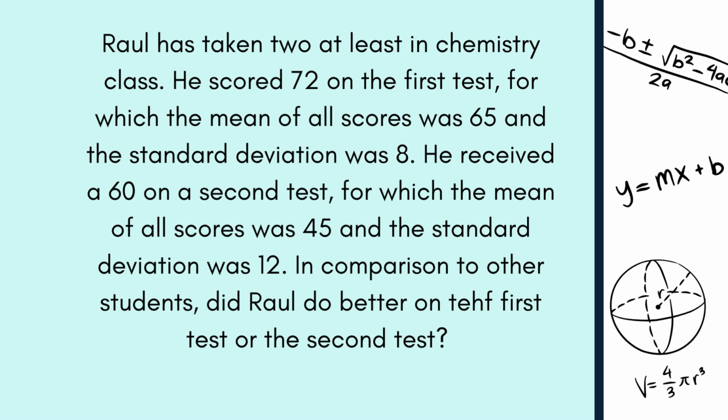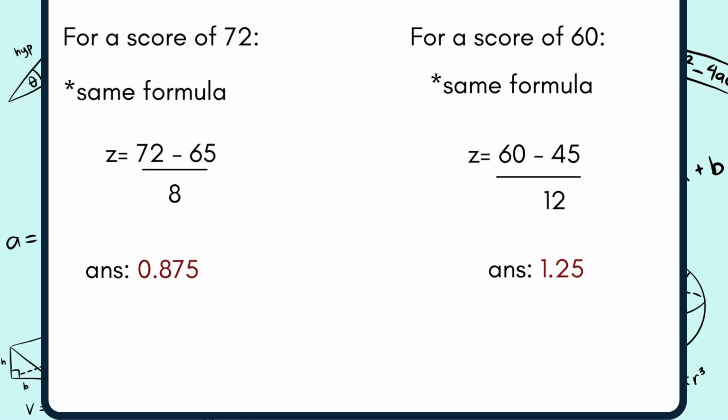For a score of 72, which is his first test, same process. Zx equals the value x minus the mean over the standard deviation. So 72 minus 65 divided by 8. The answer is 0.875.